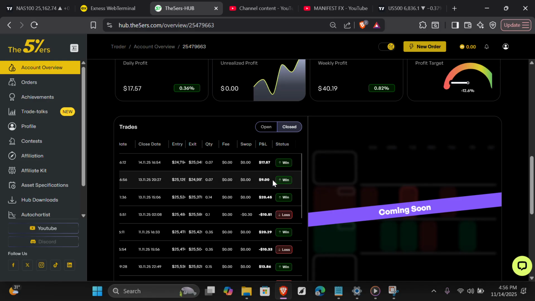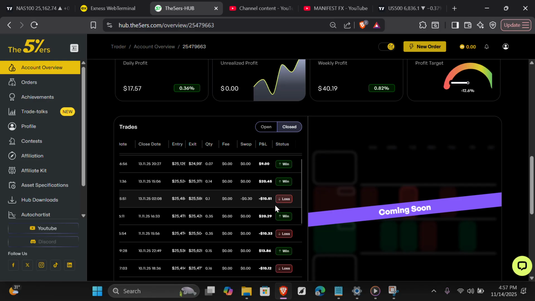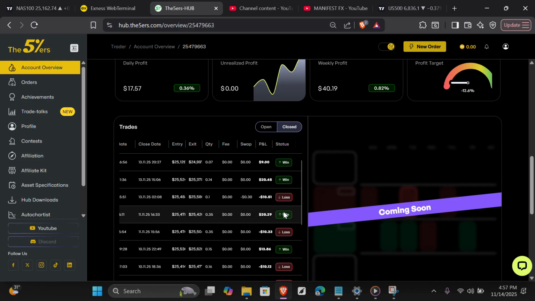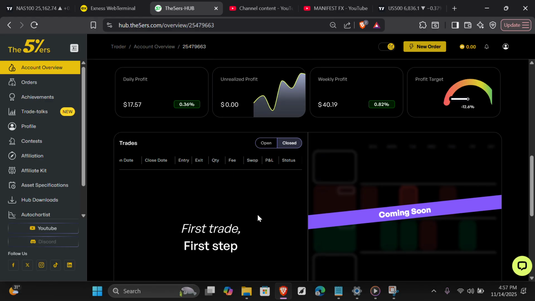Yesterday I also went out early. So that's another thing about trading. Sometimes you might just have to get out of the chart and just leave your trade to run. And of course, this trade went to TP, but I did not take full take profit. But this trade, I took my full take profit. As you can see, one loss, another two wins.